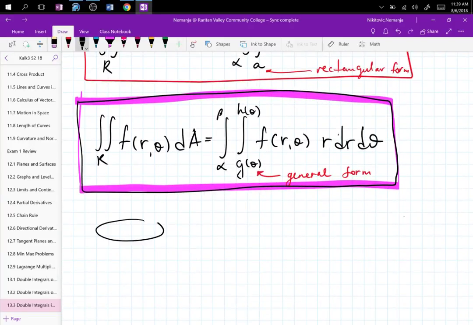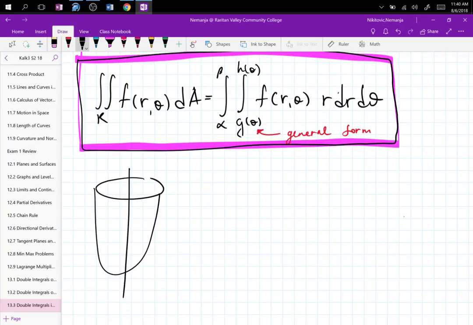So, same problem that has the shape of the elliptical paraboloid at the height of 9, this being z equals x squared plus y squared.